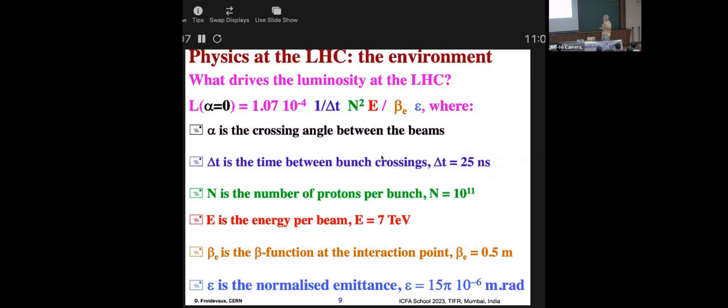Now, coming a little bit to the environment, we have to understand the machine a bit. If you look at the environment of the LHC, and we discuss luminosity, luminosity is basically the intensity of the beam, right?